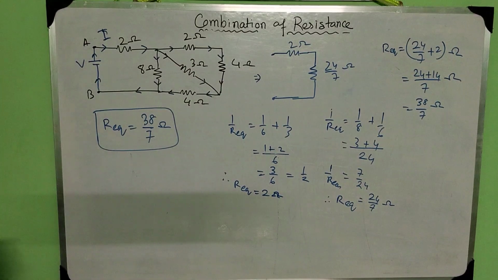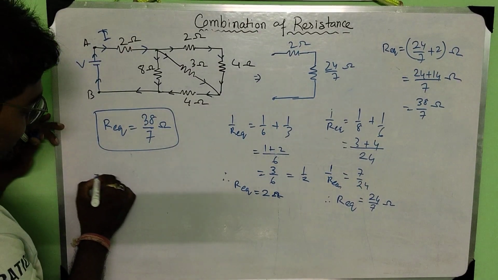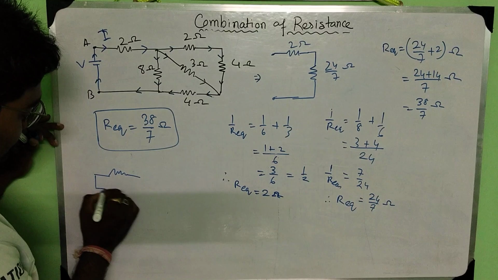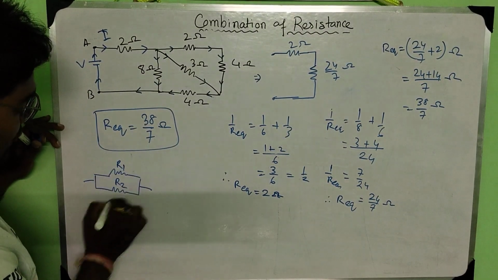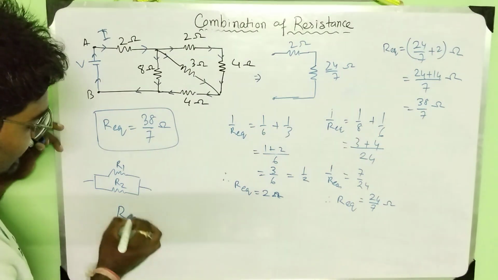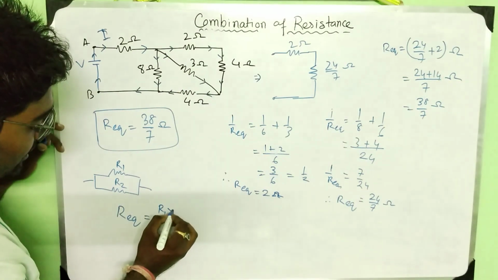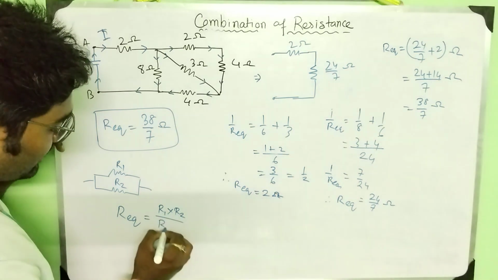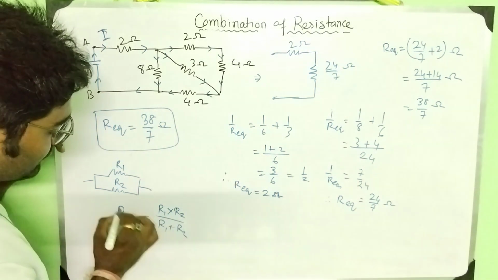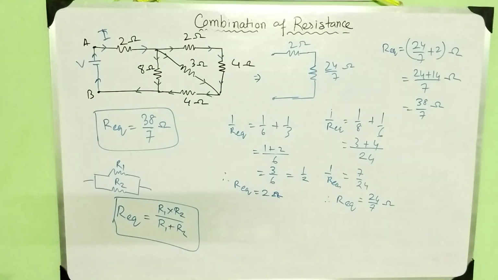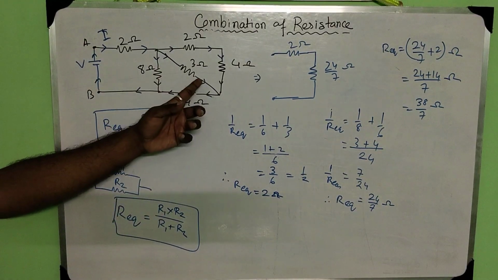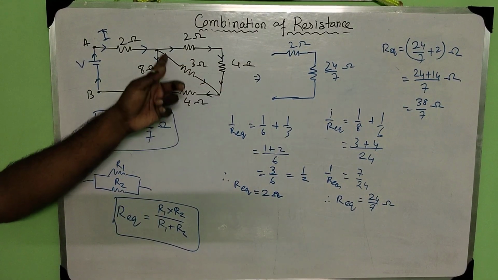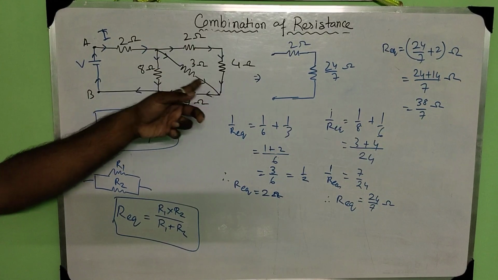Now see, one thing I want to say, if two resistors are in parallel combination, this is R1, this is R2, then we can directly write R equivalent equal to R1 into R2 by R1 plus R2. I think you all know this thing. That means if two resistors are in parallel combination, then directly we can write this. Okay? So this total equivalent resistance will come as 2.